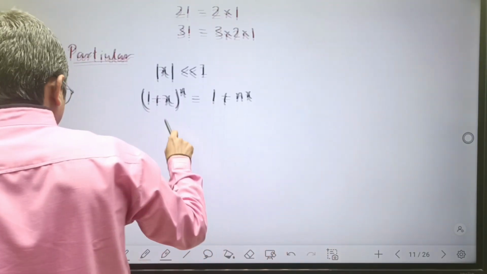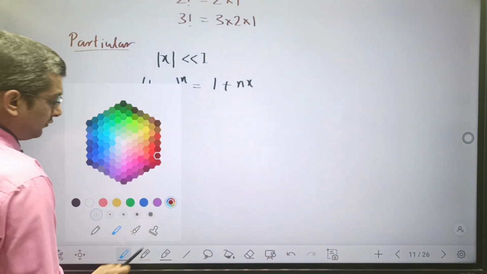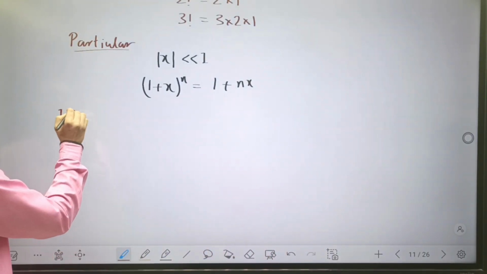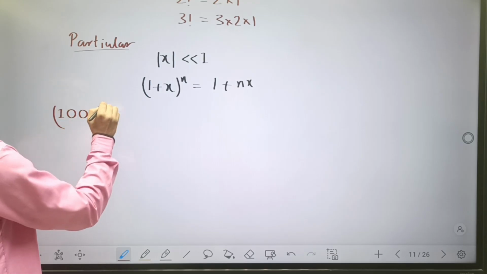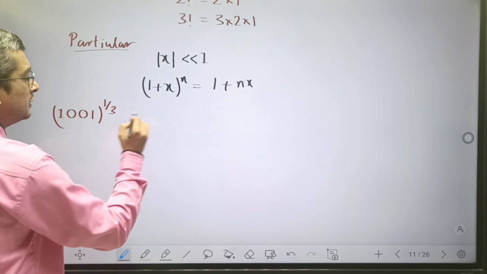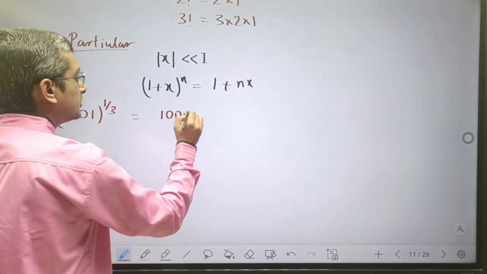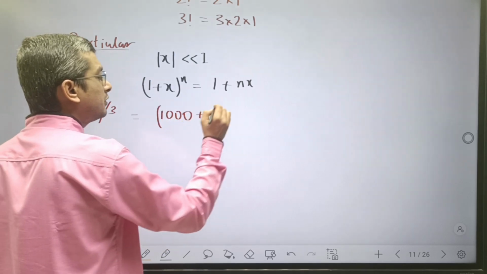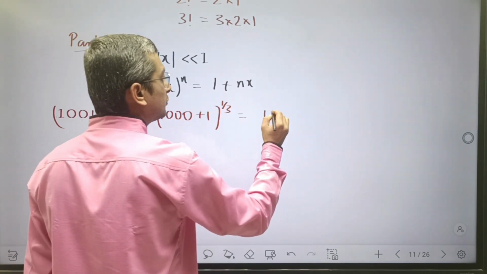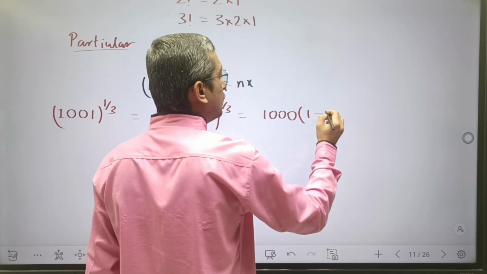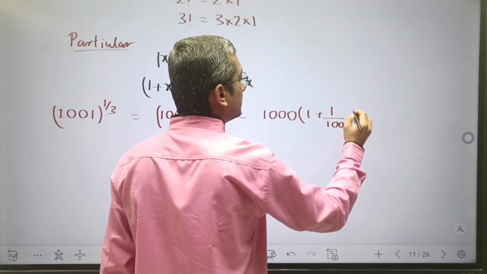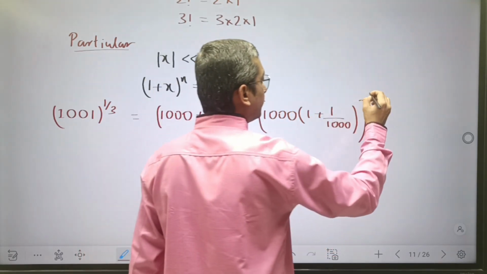So let us suppose you have to find, for example, 1001 to the power 1 by 3. This can be written as (1000 plus 1) to the power 1 by 3. This can be written as 1000 times (1 plus 1 by 1000) whole to the power 1 by 3.